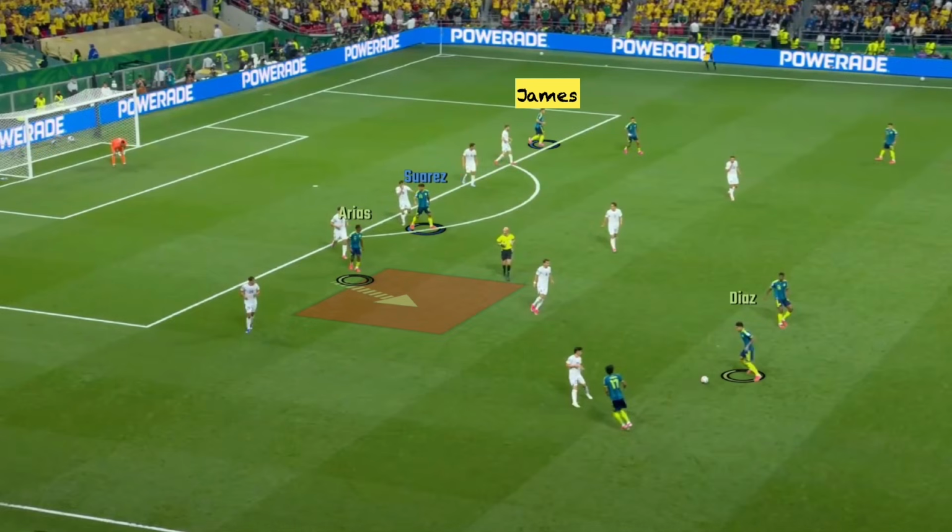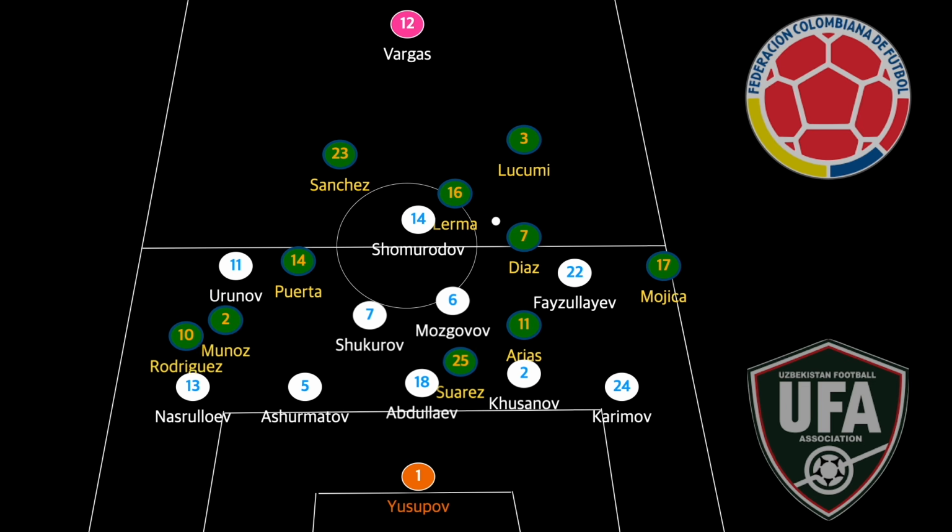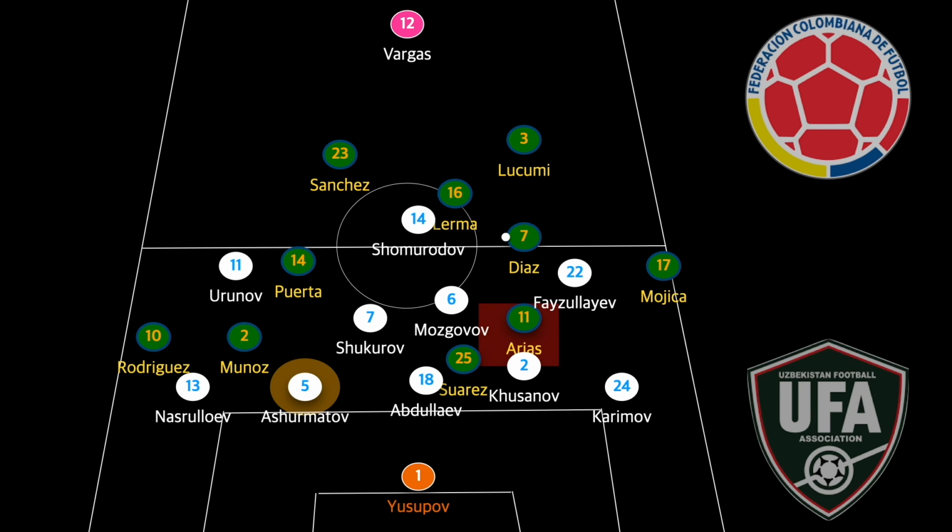Díaz drops to receive while Arias is ready to receive in the half space. James drifts wide, swapping position with Muñoz, who tucks inside. Ashurmatov is tasked with defending his space. Normally, with James, he occupied the inside position.